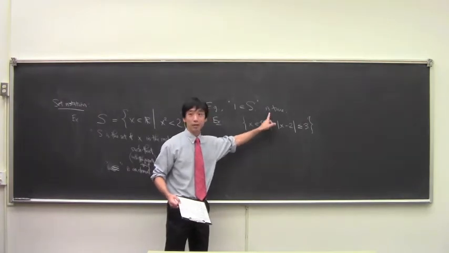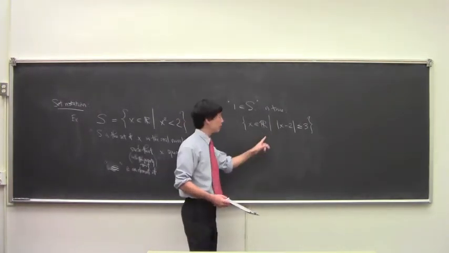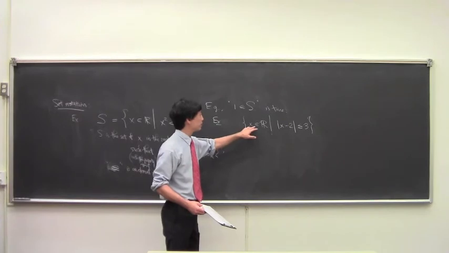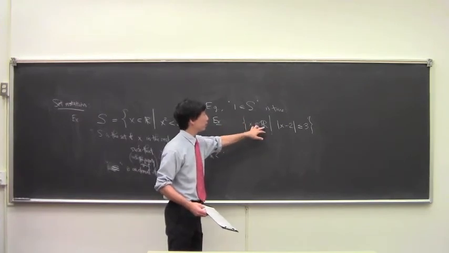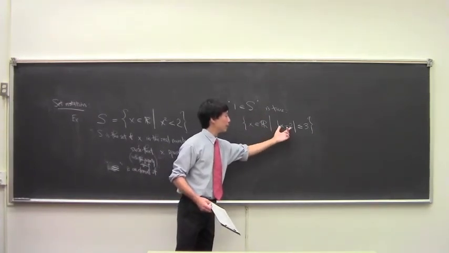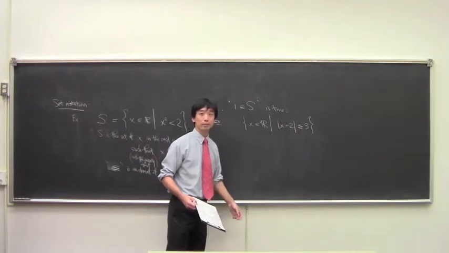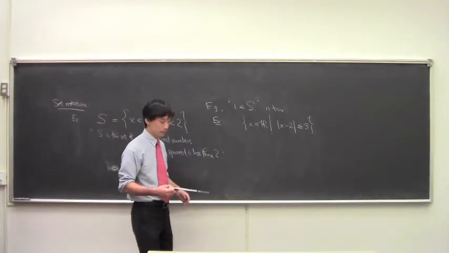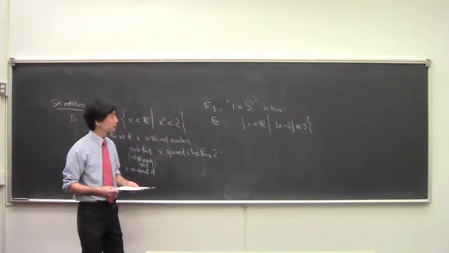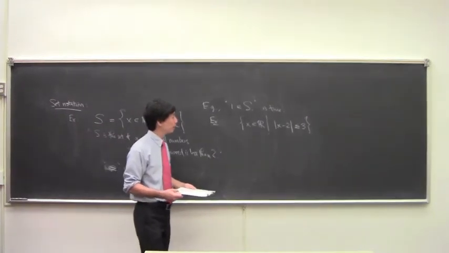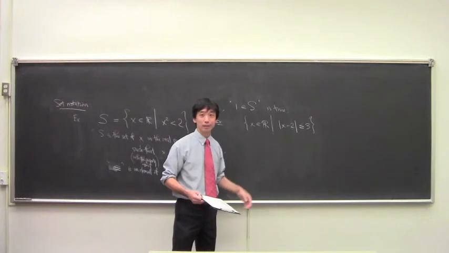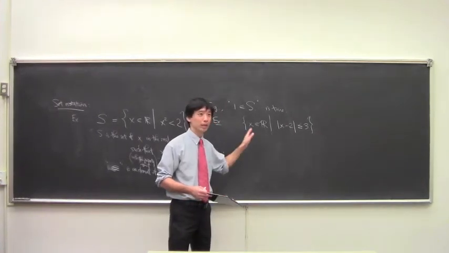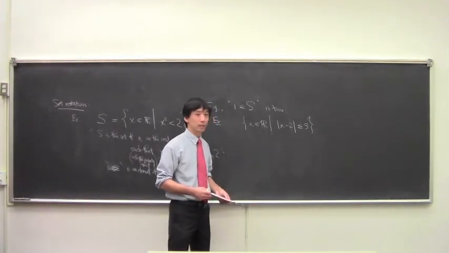This vertical bar is the such that mark, right? So the set of x which are real numbers such that the absolute value of x minus 2 is less than or equal to 3. So this is set notation. Right, what is this set? Can anyone tell me what this set is? Or think about it for 10 seconds, and then tell me what this set is.